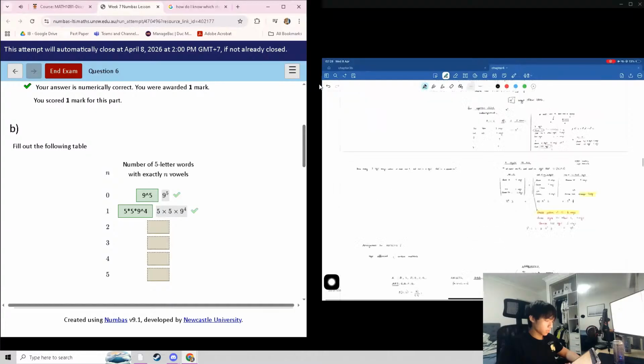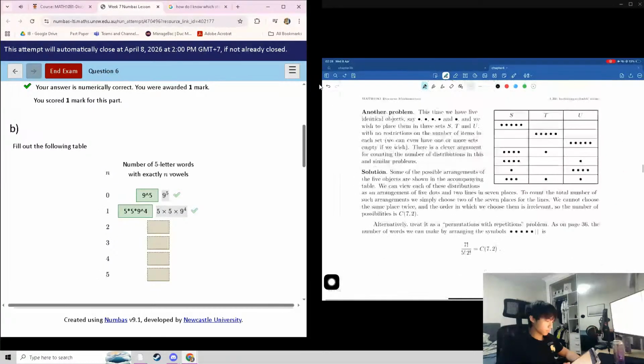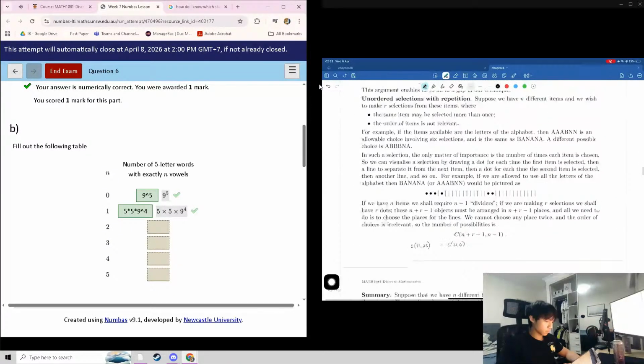Unordered repetition is what they call it.